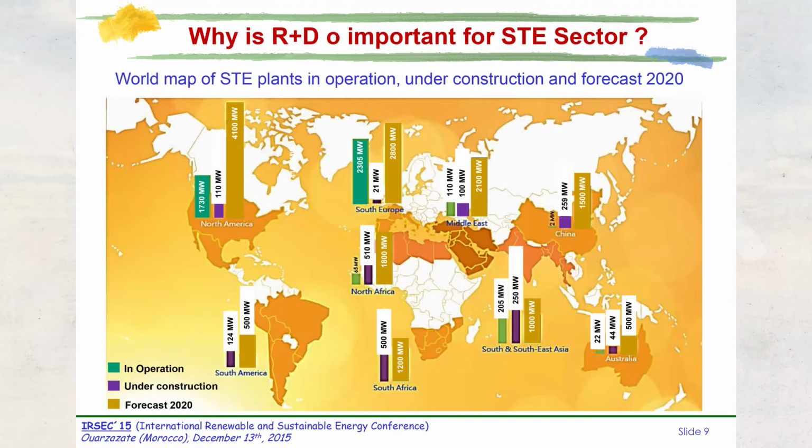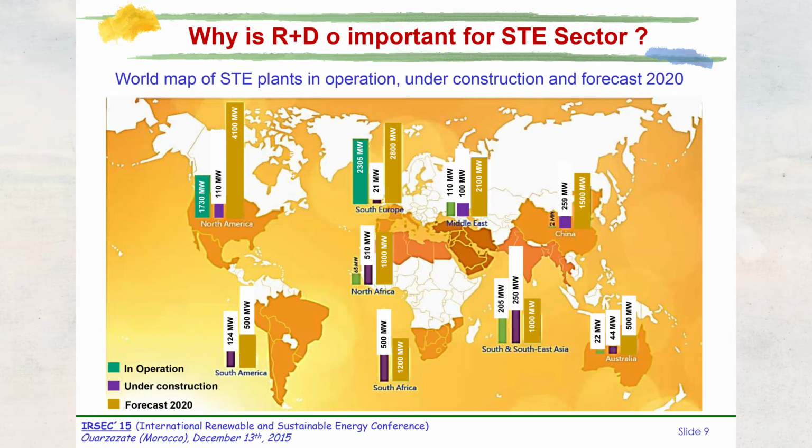If we have a look at this map, we can see what we have now in the world. The green bars are the installed power already in operation with solar thermal electricity plants. In the blue bar, we have the projects under construction, projects that will be in operation very soon. And with the yellow bar, we have the forecast for 2020.